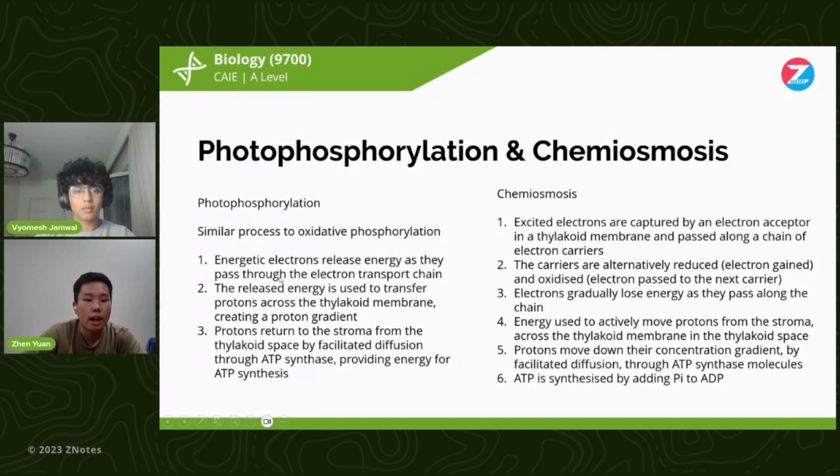So yeah, energetic electrons release energy as they pass through the electron transport chain. Sounds familiar, doesn't it? The released energy is used to transfer protons across the thylakoid membrane, creating a proton gradient, very similar to oxidative phosphorylation, except that instead of the protons being transferred across the inner membrane of the mitochondria, it's now through the thylakoid membrane in your chloroplast.